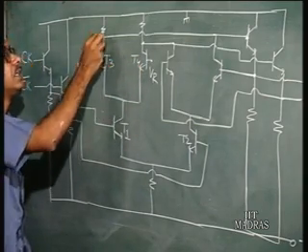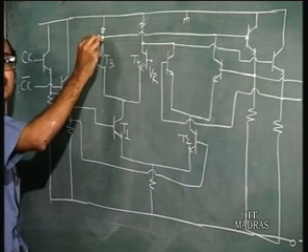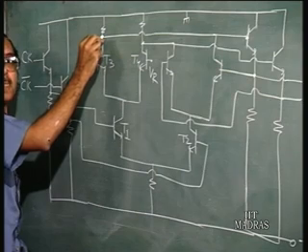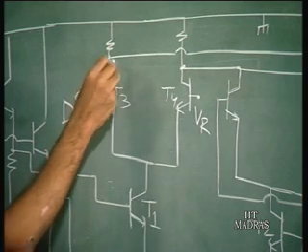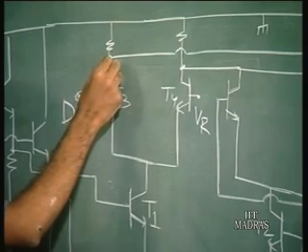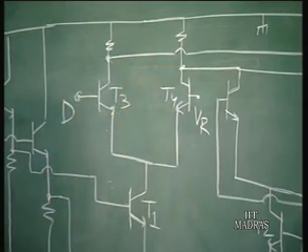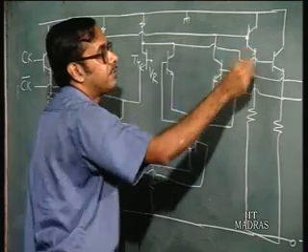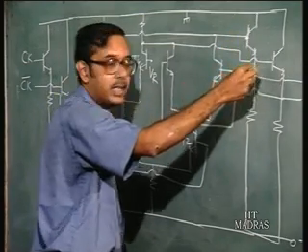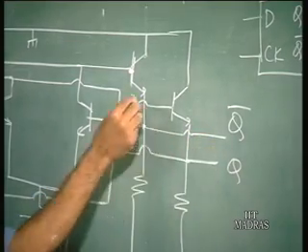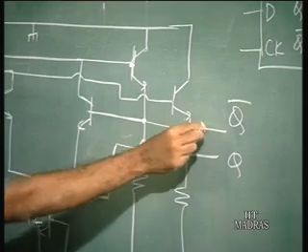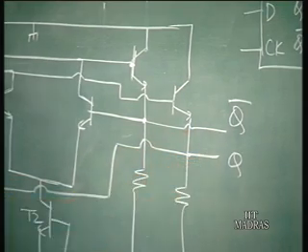If T3 is on, then there is a collector current for T3, which means that this output at the collector of T3 is low, this voltage is low, whereas the other voltage is high, okay. So, basically you have level shifting here, okay, or an emitter follower structure here. Okay. So, this is q bar. Okay. So, from here you go, this is q bar, okay, and the other one is q.